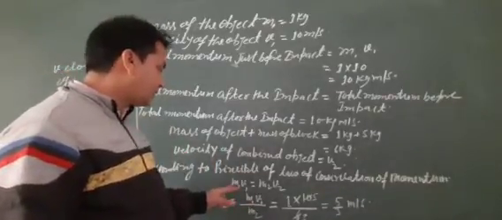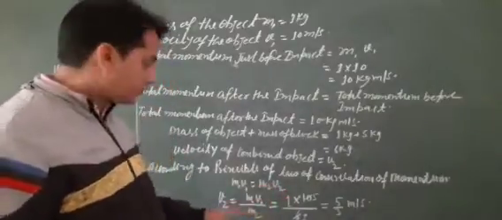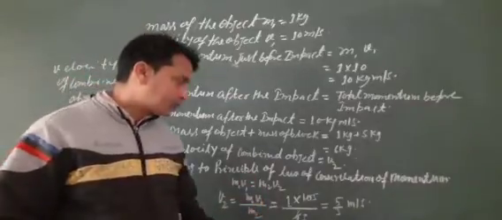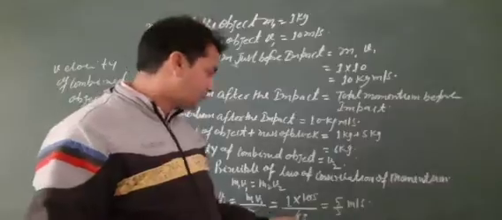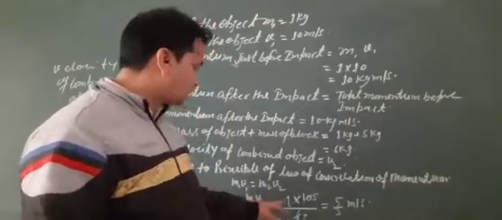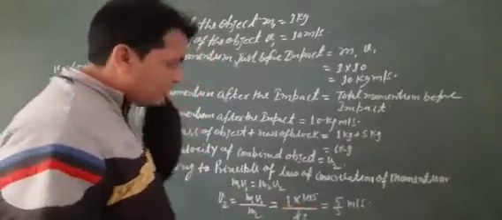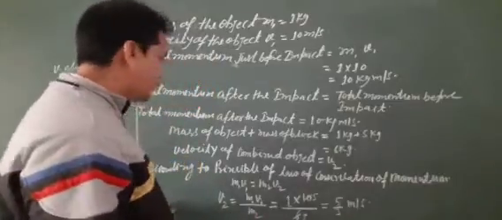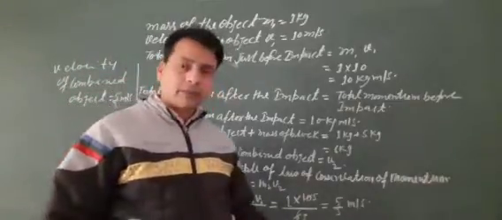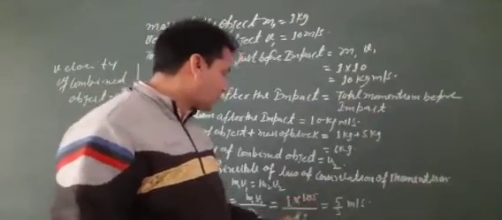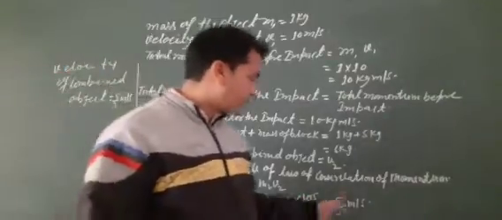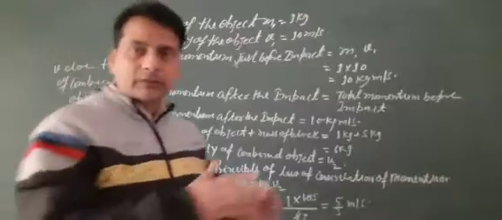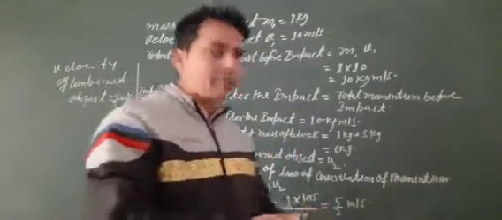So m1 v1 equals m2 v2. So v2 equals m1 v1 by m2. Put the value of m1 v1 and m2: mass of the object is 1 and velocity is 10, and the mass of the combined object is 6 kg. Then 1 into 10 by 6, we can write as 5/3 meter per second. So the velocity of the combined object is 5/3 meter per second.